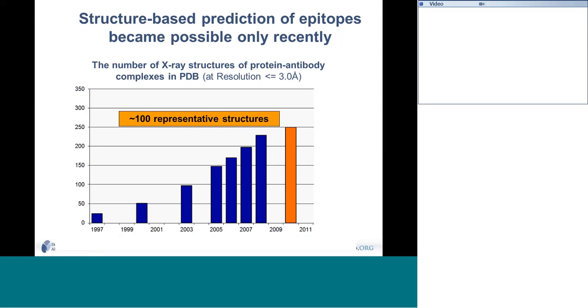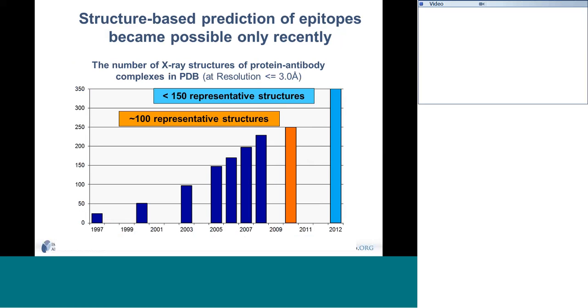Structure-based prediction became possible only recently. Basically, in 2010, about 100 representative structures were available in the Protein Data Bank with resolution below 3 angstroms. So, the resolution which is suitable for making any judgment about residue contact at the atomic level.